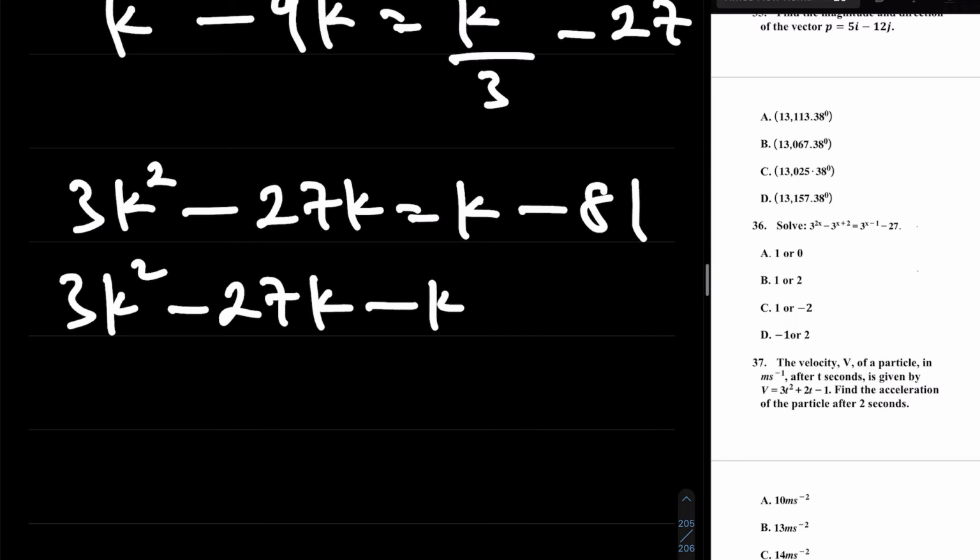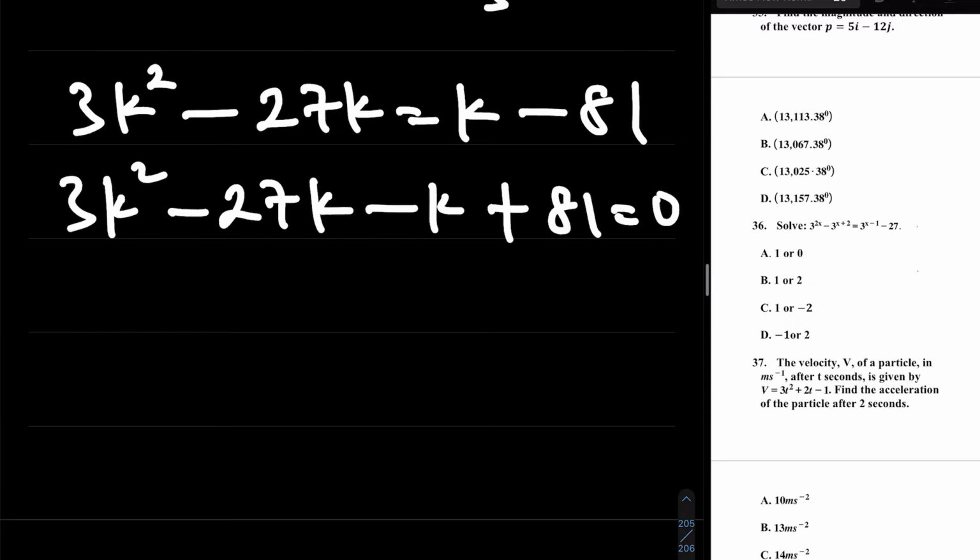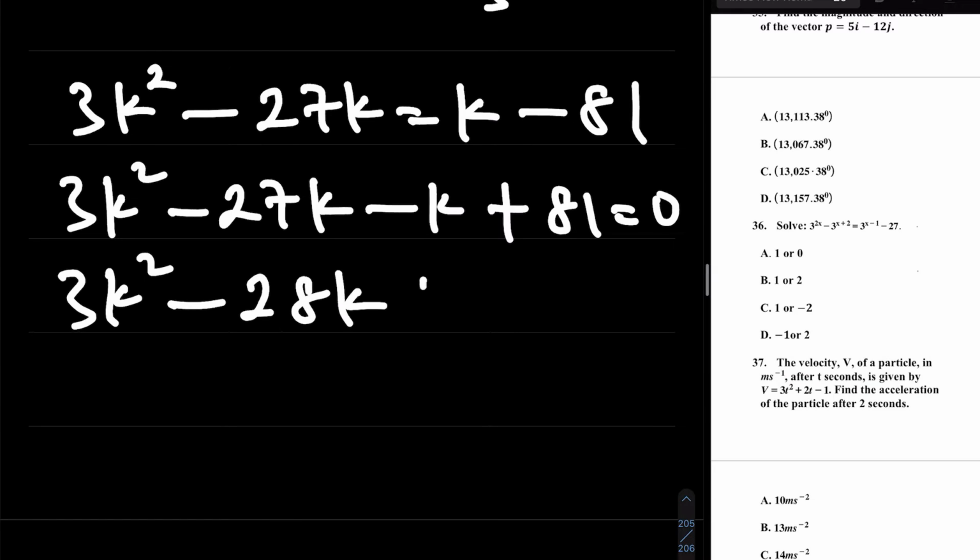When plus k comes to the left hand side, it becomes minus k. When minus 81 goes to the left hand side, it becomes plus 81, equals 0. That's 3k squared minus 28k plus 81 equals 0.